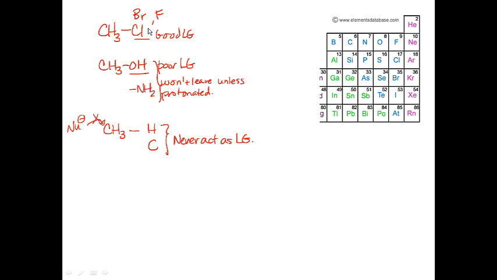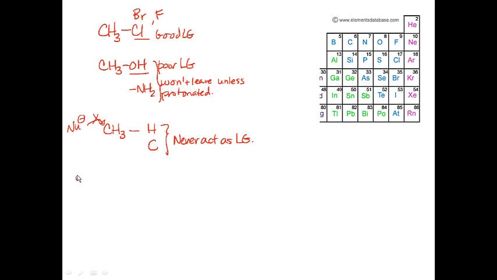Okay, so that's the idea of leaving groups. We have good leaving groups, we have poor ones that are going to need some help by protonation. And then we have groups, the strongest bases, your carbons and your hydrogen, that never act as leaving groups. Okay, so leaving group is based on one thing, basicity.